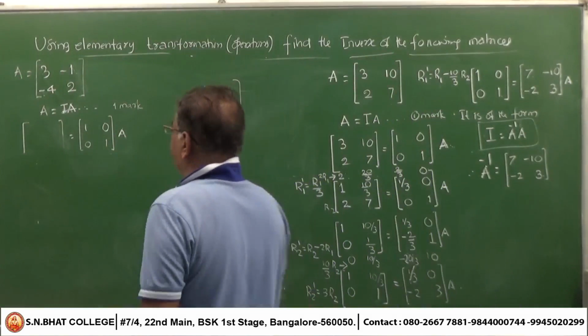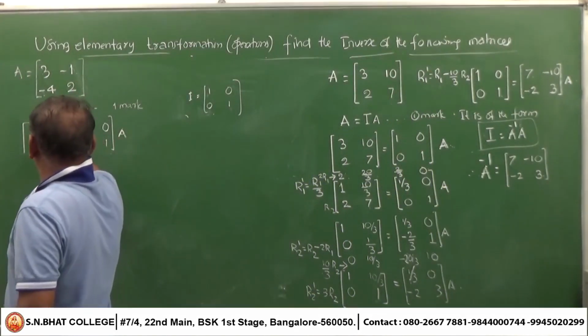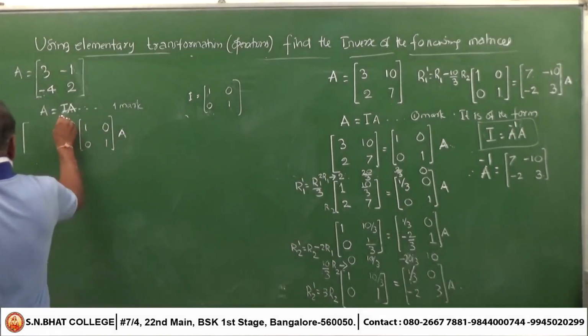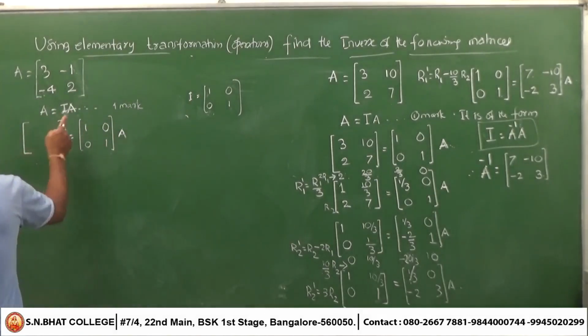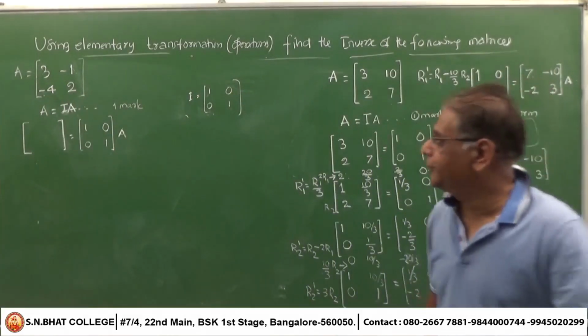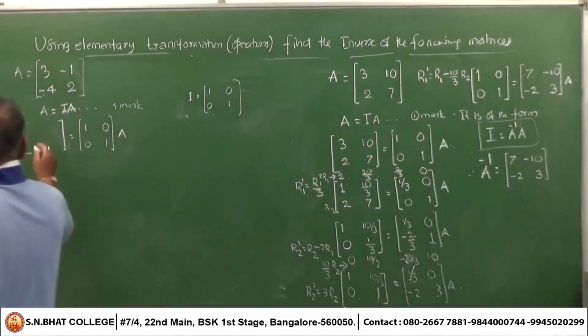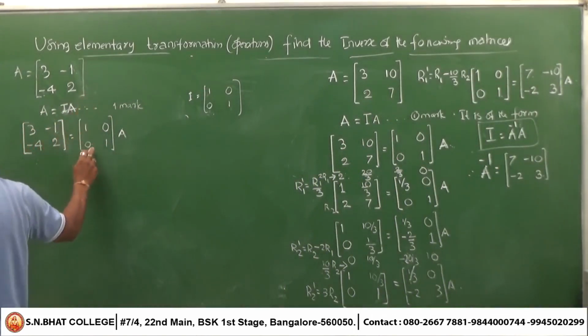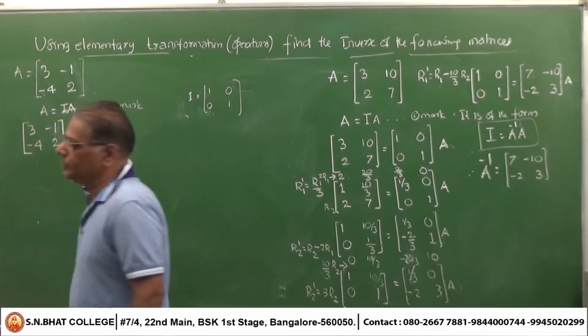First write A is equal to I into A, it is just a property. Left hand side A is 3, minus 1, minus 4, 2. I is 1, 0, 0, 1, into A.